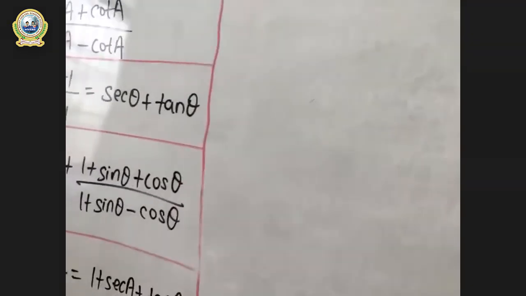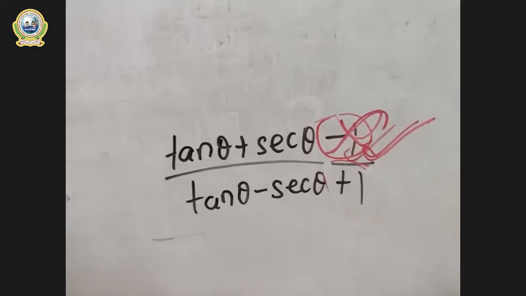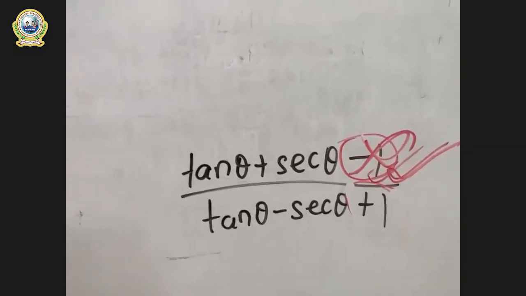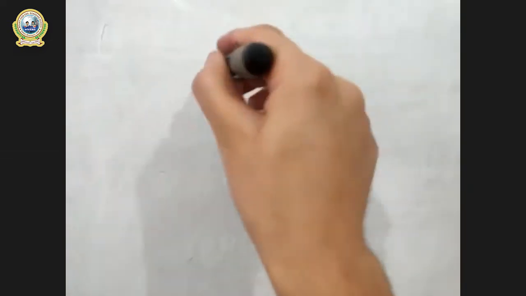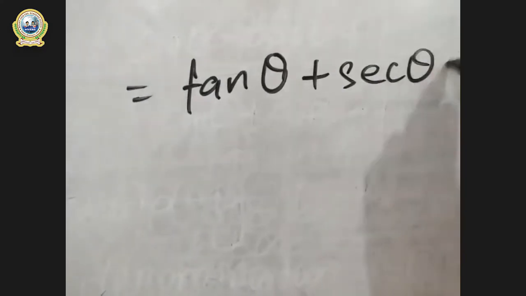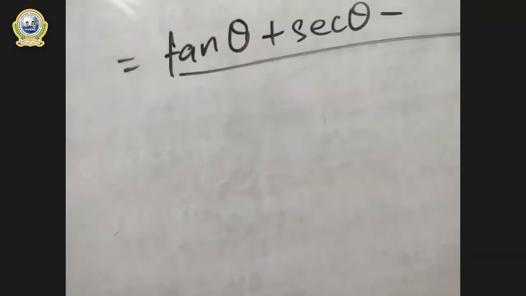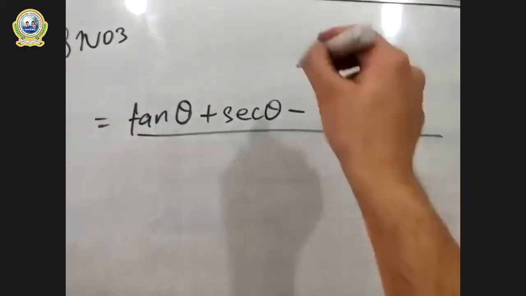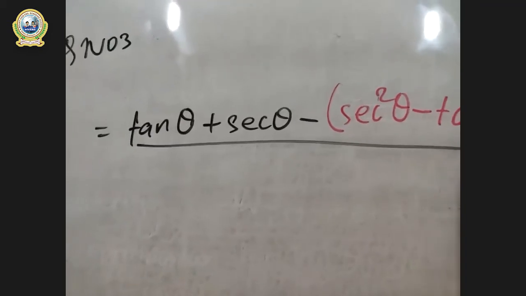Let's do it now. Look at here. This was our previous step, right? So now we will change only a single one of our question. So copy this one. Now we have tan theta plus sec theta minus, right? So now 1 can be written as sec square theta minus tan square theta, right?